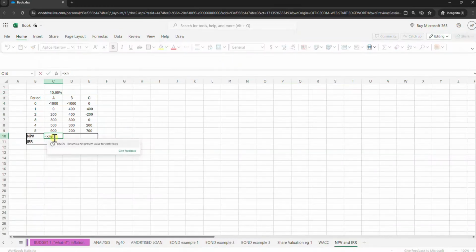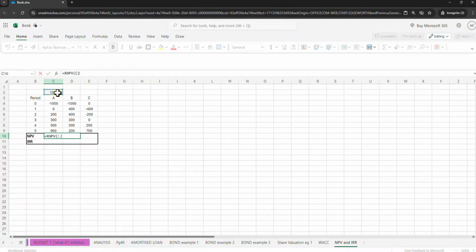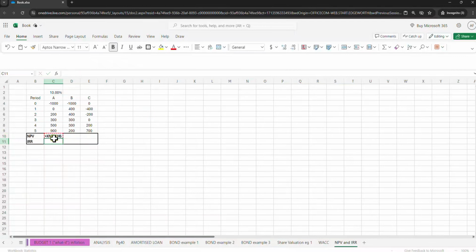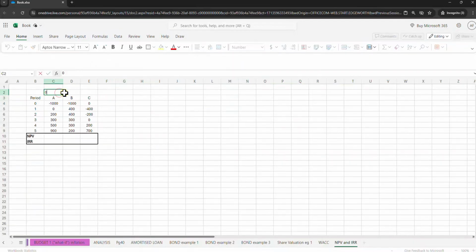Let's try that again. All right, the rate needs to be a decimal. Okay, so let's make this a decimal. Number. Okay, 0.10.